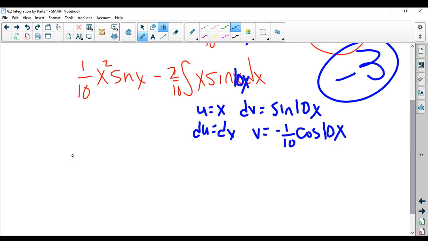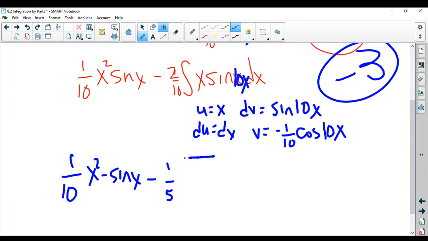So now we just play the parts game again. This integral, now it's uv minus the integral of v du. We have this negative 1/5 out in front. It will apply to both terms.